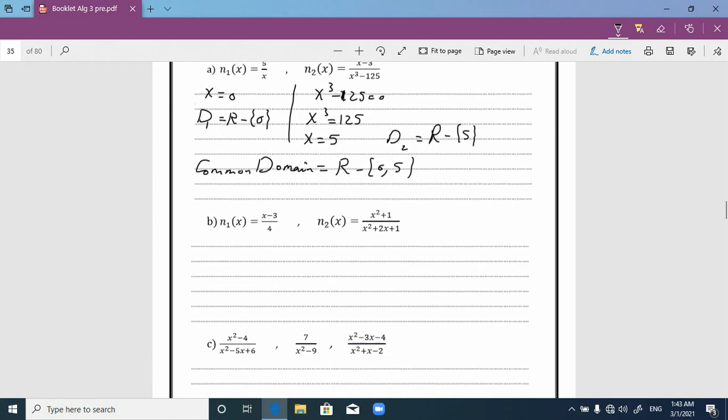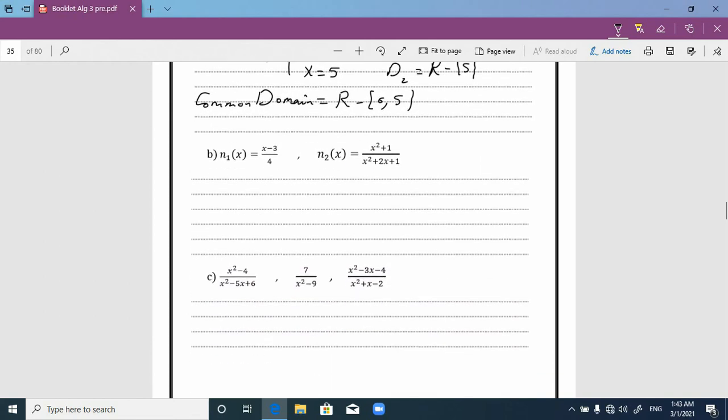Another example. If n1 equals x minus 3 over 4 and n2 equals x power 2 plus 1 over x power 2 plus 2x plus 1. If we put 4 equals 0, we cannot, so the domain of this fraction function d1 equals R. But if we put x power 2 plus 2x plus 1 equals 0, this expression is called a perfect square.